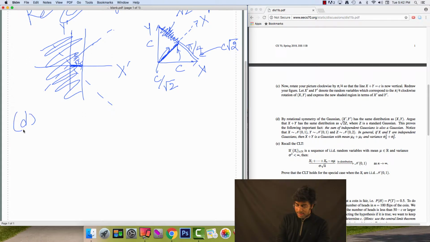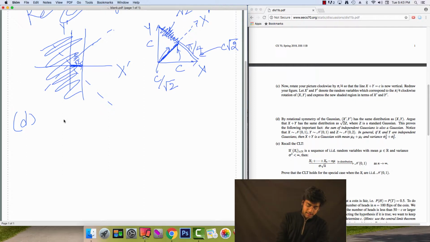Part D says that, well, you rotated your axes, but you've already concluded that x and y are rotationally symmetric, which means if this was your axes and you rotate them, the density that you will get corresponding to this rotation is the same as the density without the rotation, right?